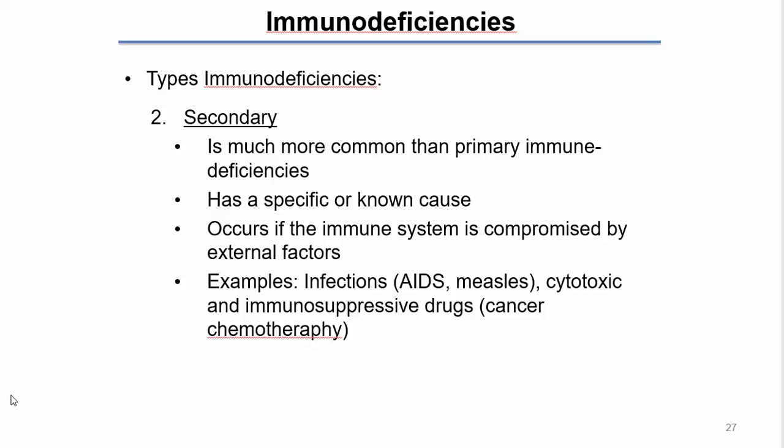AIDS is by no means primary, it's secondary. The cause of it is infection by the HIV virus. So the immunodeficiency is secondary to the infection of human immunodeficiency virus. So that is immunodeficiencies.